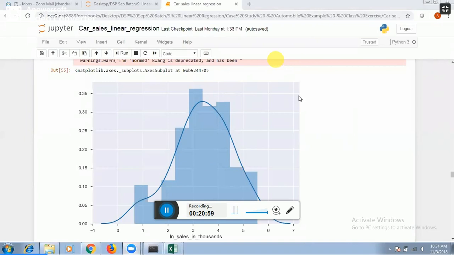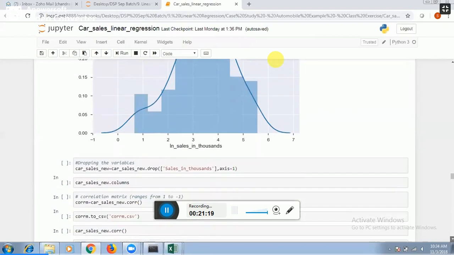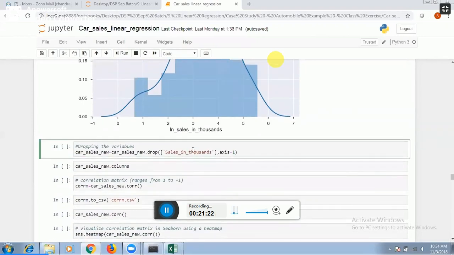Once you are fine with the new variable, what is your new variable? Log of sales in 1000 is your new variable, not the sales in 1000, because now your dependent variable is log sales in 1000. So what I have done is drop the sales in 1000 variable from the data.